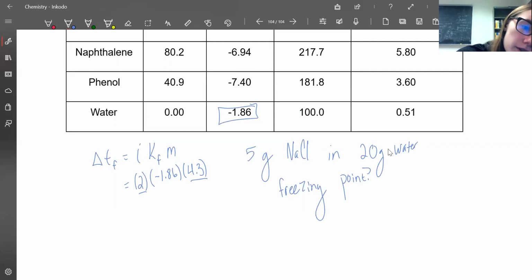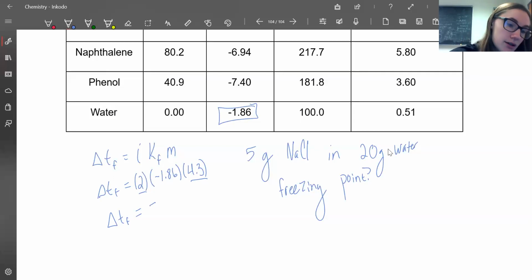We're going to multiply these out. My change in freezing temperature is 2 times 4.3 times negative 1.86. We got a significantly larger change in our freezing temperature than we did earlier.